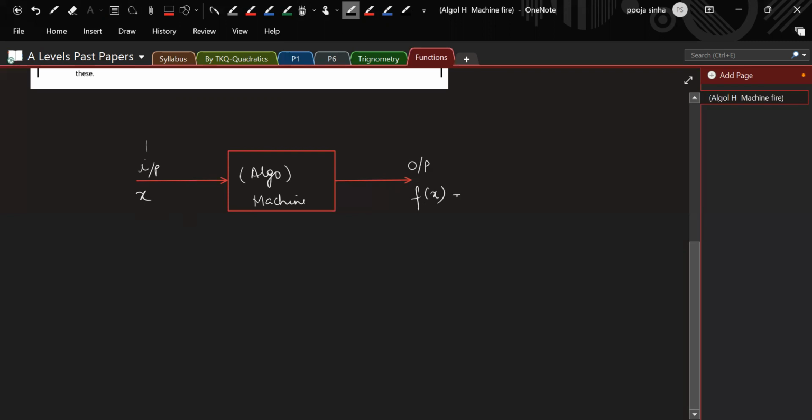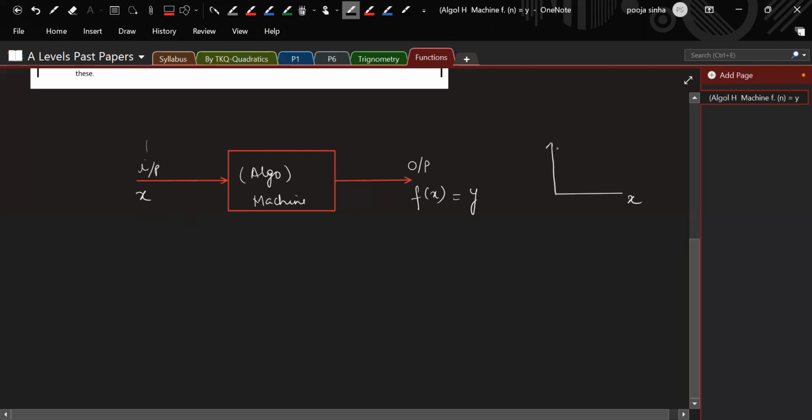Now, this f(x) is also termed as y many a times, right? So going forward, whenever you're making a graph, if this is x, this can also be called f(x), which we used to say earlier as y. This means x is an independent variable and f(x) is a dependent variable.